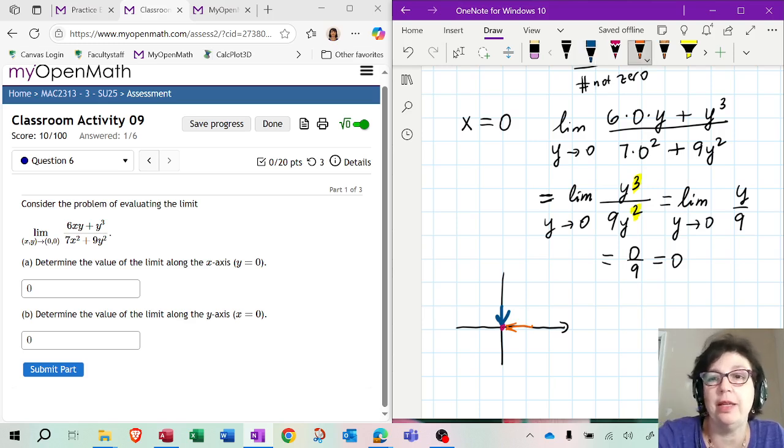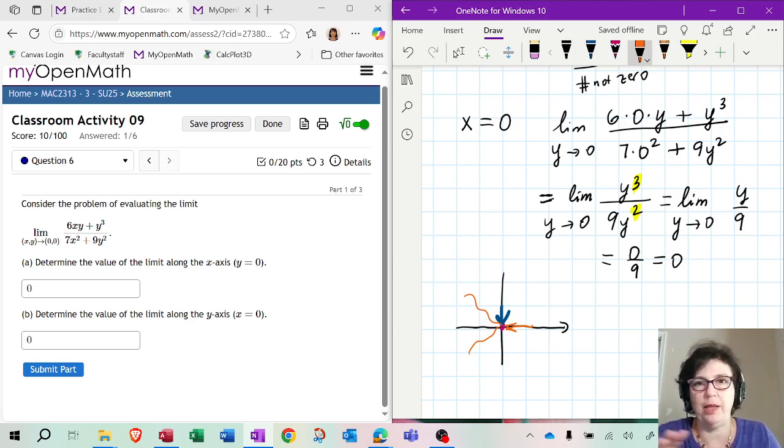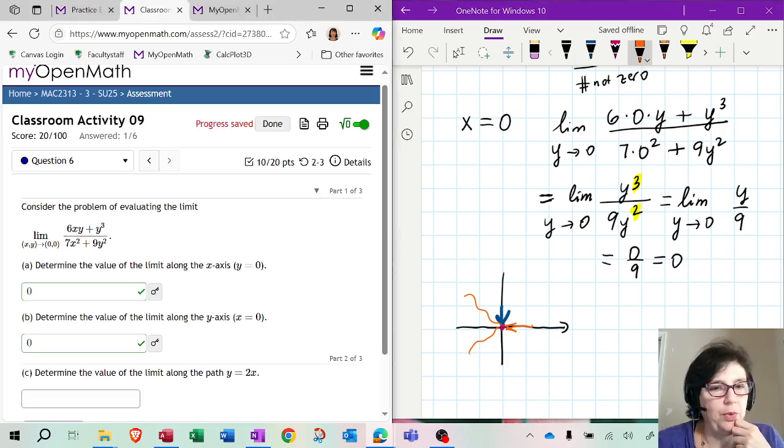So if you're really thinking that it's going to be the same, then you have to check all possible paths that can get to 0. It's a proof that you have to do. Just because two of them are the same does not mean anything at all. Okay, so far we didn't find a contradiction, and it's useless. Okay, let's see what happens next.